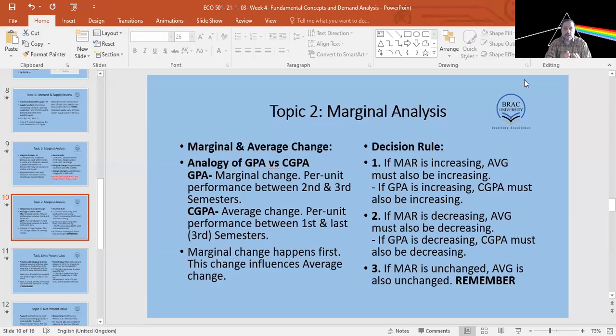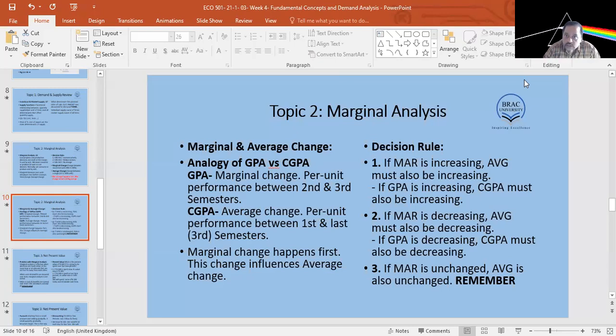Okay, so if your GPA is better in this semester than it was in the last semester, what happens to your CGPA? CGPA increases. If your GPA is not as good as it was in the last semester, then what happens to your CGPA? CGPA falls. So the best way to understand is that if the marginal change is increasing, the average change will also increase.